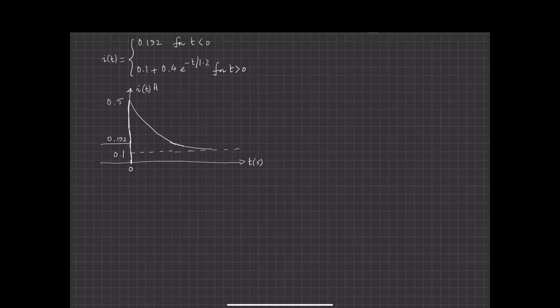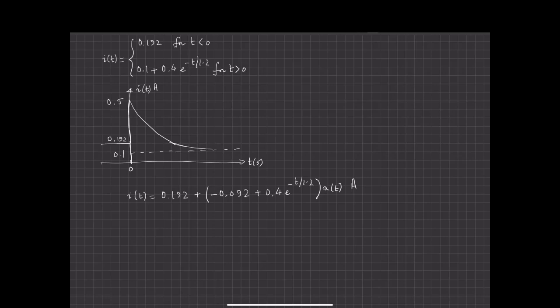I can write the above expression as I of t is equal to 0.192 plus minus 0.092 plus 0.4 e to the power of minus t over 1.2, multiplied by the unit step function u of t, in amps.